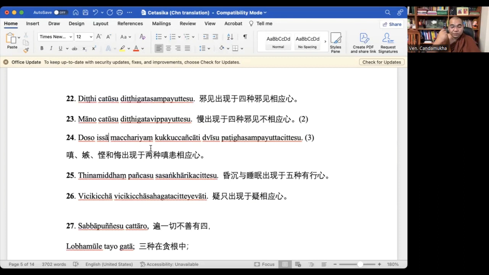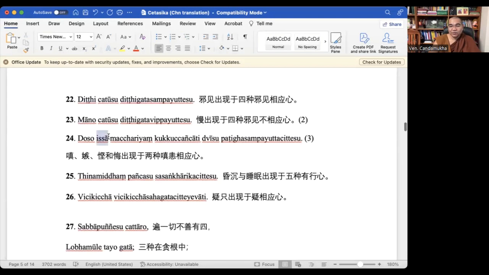In that group, the cetasikas associate only with the two dosa mula cittas, but they may not associate all the time. When dosa arises, Issa and Machariya, Kukkucca may not be there. When Issa arises, taking others' property, others' possession as an object, dosa may not arise, Machariya may not arise, Kukkucca may not arise.